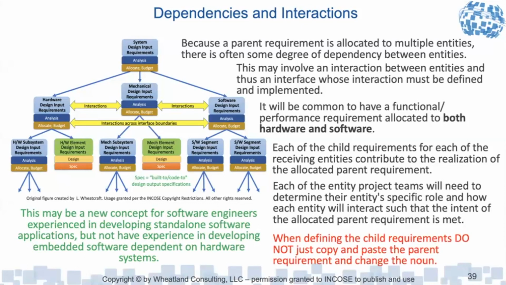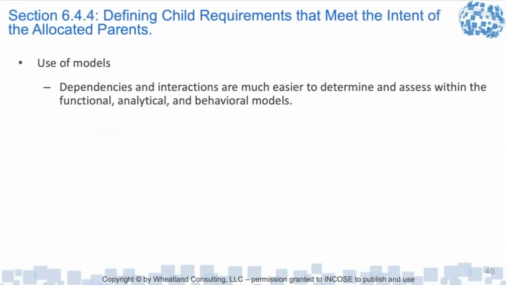And one thing when we're defining child requirements, you do not just copy and paste the parent requirement and change the noun. The parent requirement says the system shall do X, and then someone copies that and says the subsystem shall do X. That is not a proper child requirement. Someone mentioned models earlier. That's one place where I think the system modeling really has a strength when it comes to allocation, budgeting, managing dependencies and interactions.